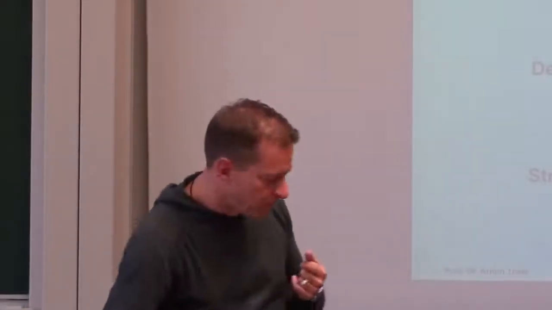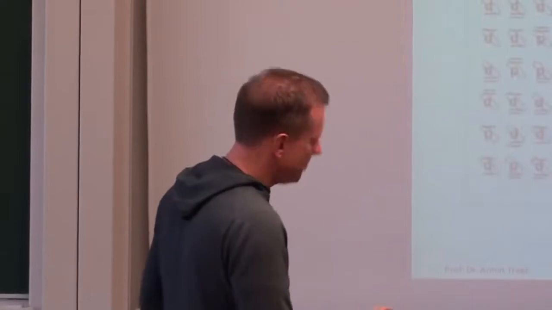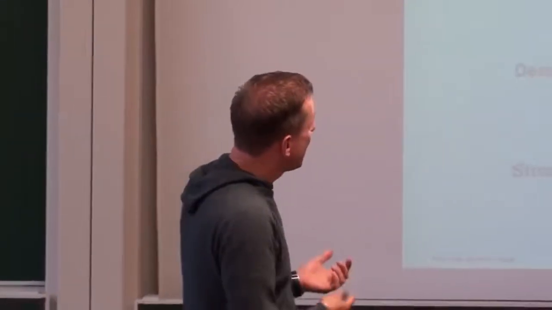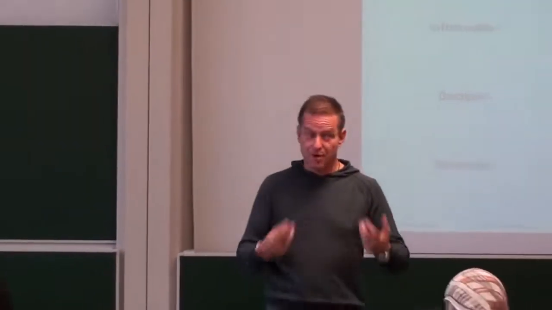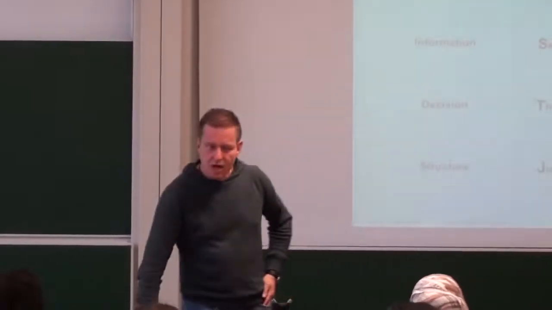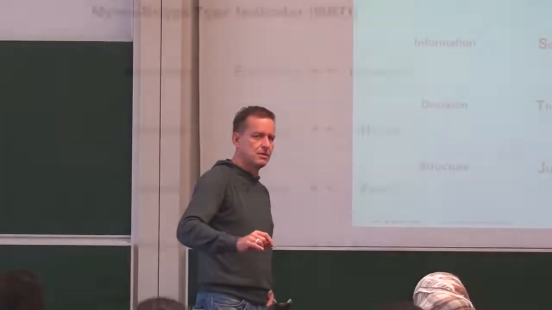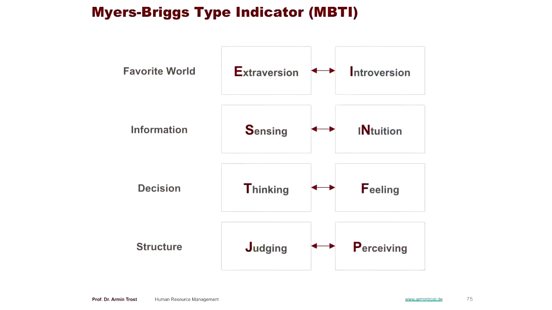And to explain this, I should show you a test, which is probably the most commonly used test in practice. It's the so-called Myers-Briggs Type Indicator, MBTI. I show you this because in this test you find the typical dimensions which we use in personality tests.